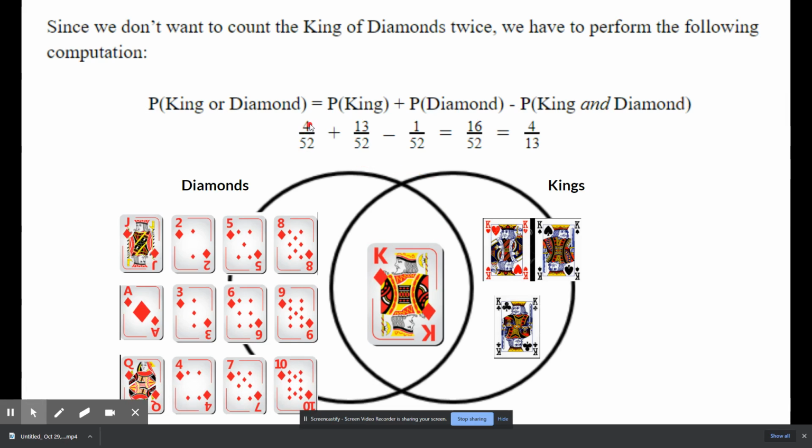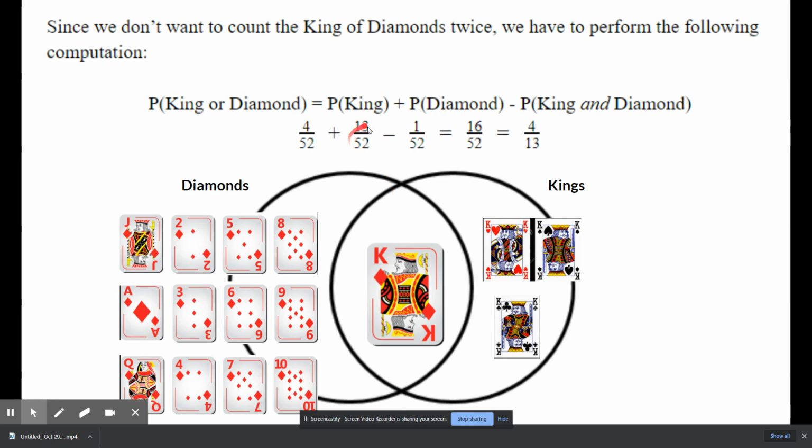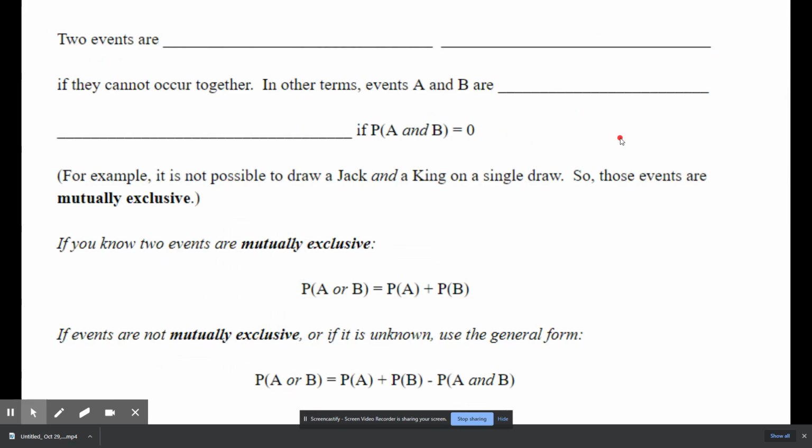So if we were just to do 4 out of 52 and these 13 out of 52, we would be counting the king of diamonds twice. So within here and here, we would actually have this card twice. So we remove it once. That's to get rid of the overlap. So that's 17 minus 1, 16 out of 52. It's a 4 out of 13 chance to pick a king or a diamond.